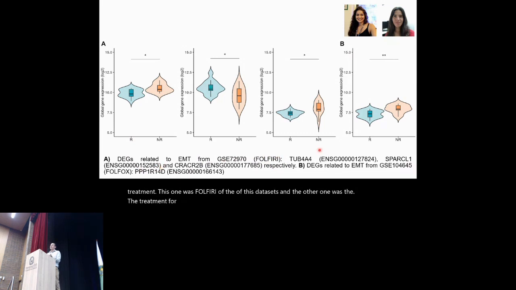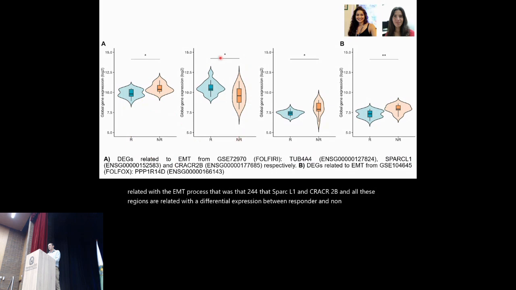And in the first data set, we found only three genes related with the EMT process. That was the 2484, that's PARCL1, and the CRACR2B. And all these three genes are related with differential expression between responder and non-responder.